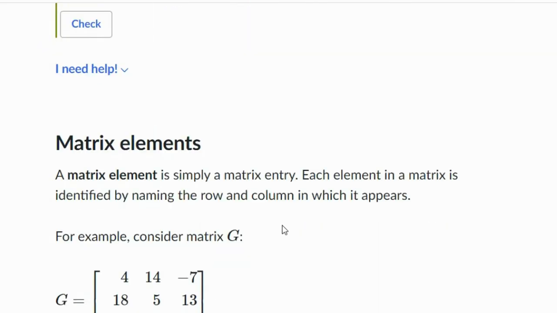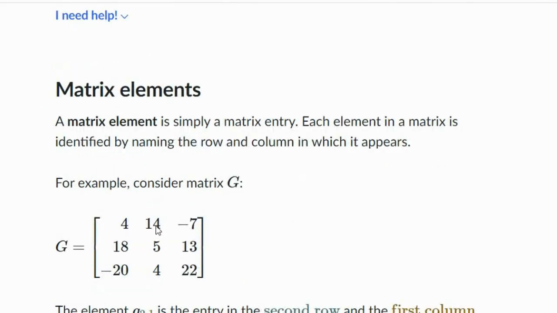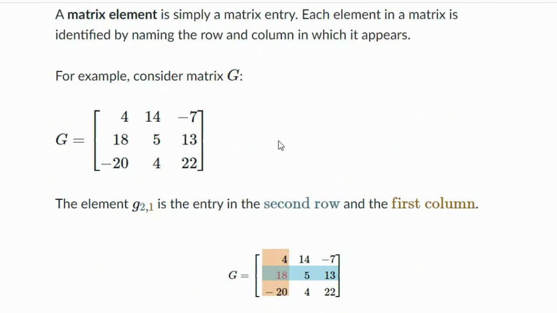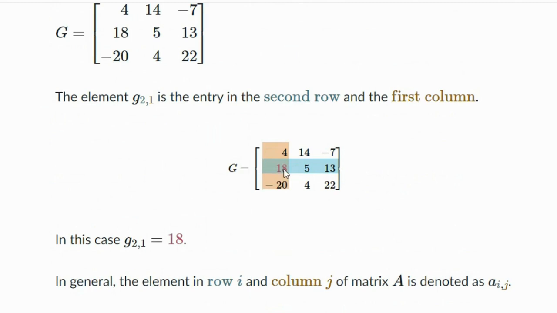Absolutely. Now let's talk about the elements. Each of these entries, each of these numbers, is an element. A matrix element is simply a matrix entry. We can name elements like G2,1. The 2,1 means we're talking about the element that's in the second row and the first column.